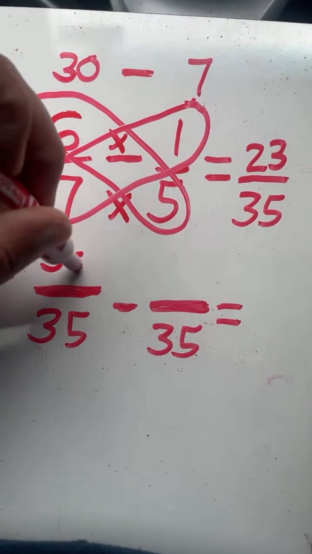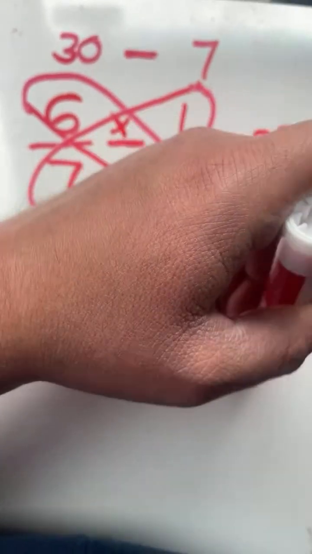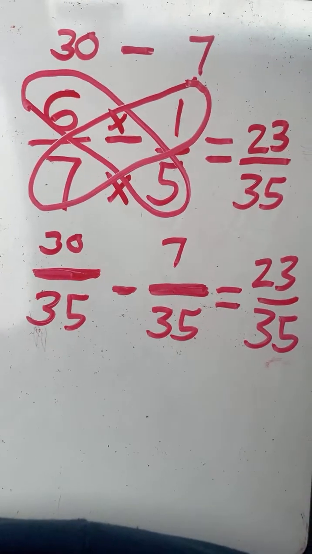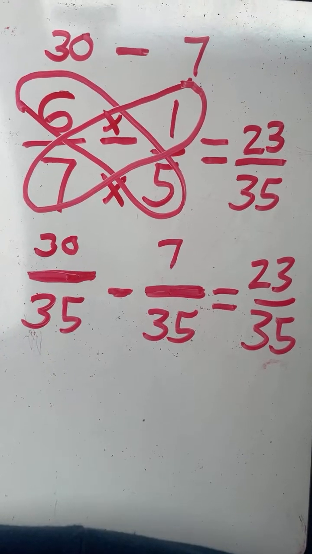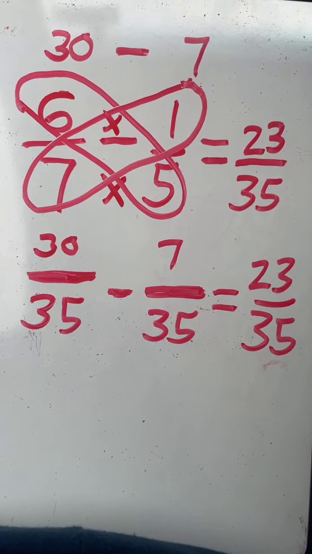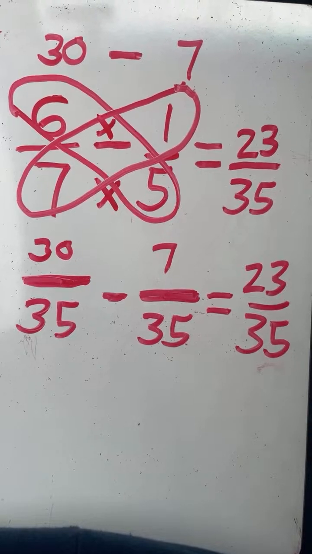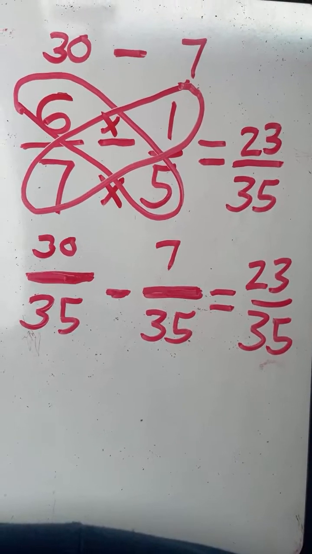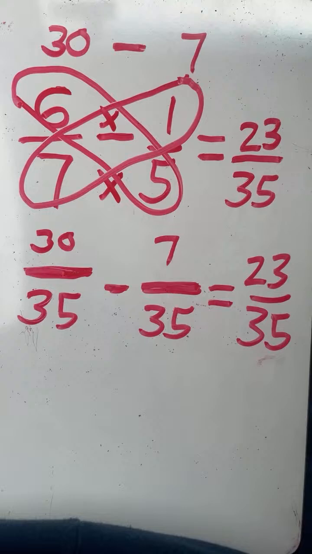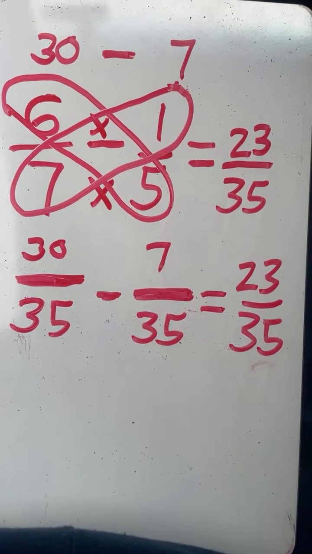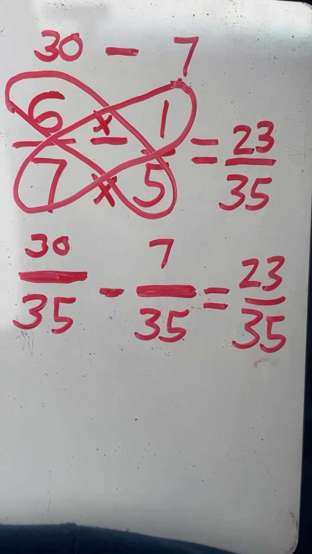So we have 30 35ths minus 7 35ths, and our answer is 23 35ths. 6/7 minus 1/5 equals 23 35ths.